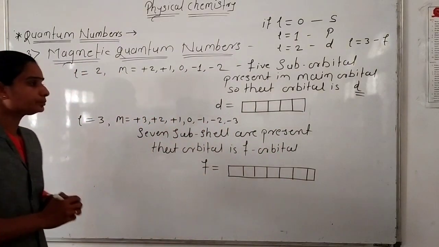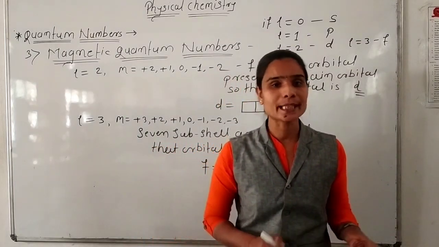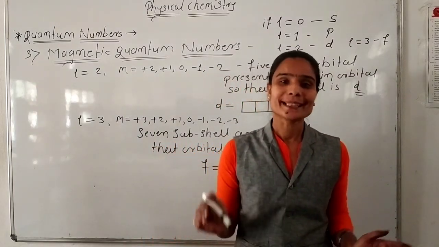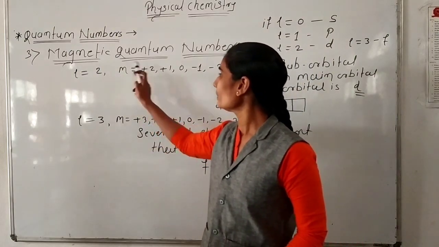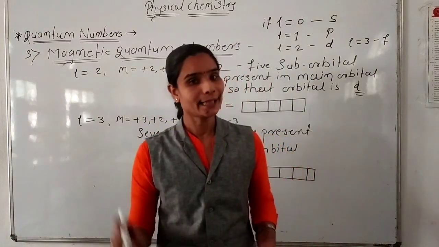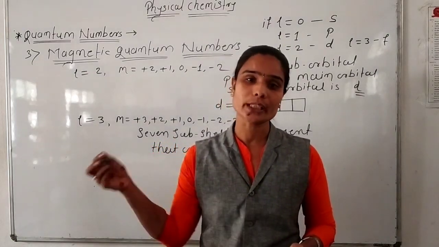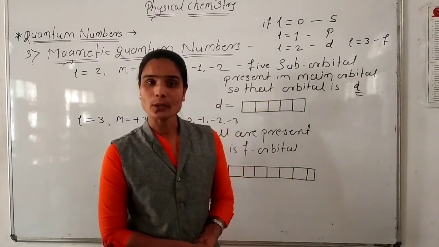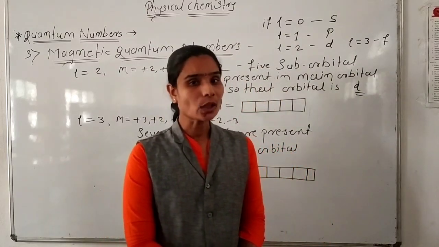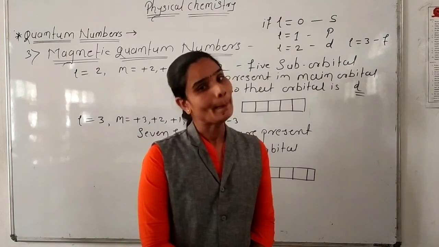Okay. So all this information about the subshells or suborbitals present in the main orbital is given by the magnetic quantum number, and so the magnetic quantum number is related with the azimuthal quantum number, because the azimuthal quantum number gives information about the main orbital and the magnetic quantum number gives the information about the suborbitals present in the main orbital.